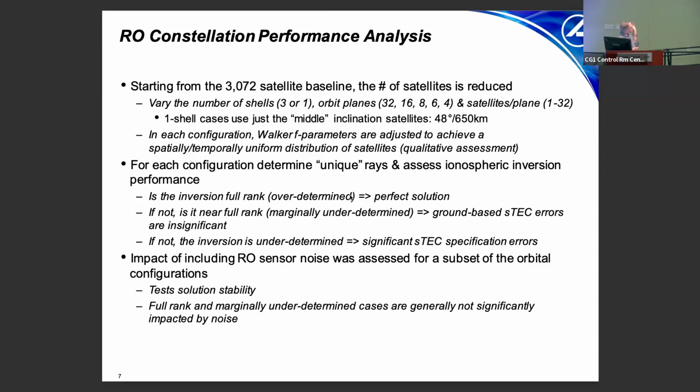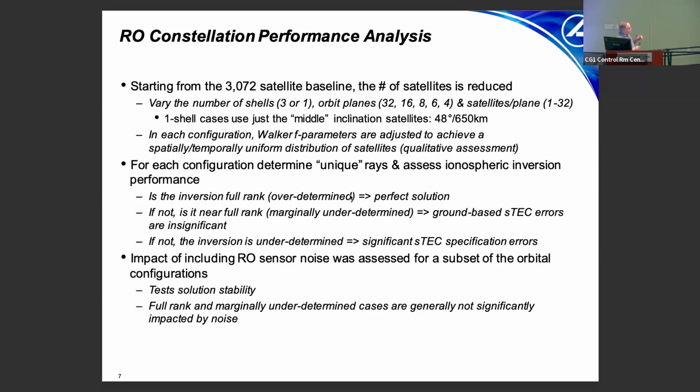Or we can change the number of orbit planes or the number of satellites per plane. And for each one of these cases, we're adjusting the Walker F parameters to maintain a uniform distribution of satellites. I'll say that's a semi-qualitative evaluation. We don't have a rigorous process, but we're trying to maintain which ones we're throwing out. We want to have a residual set which is fairly uniform.